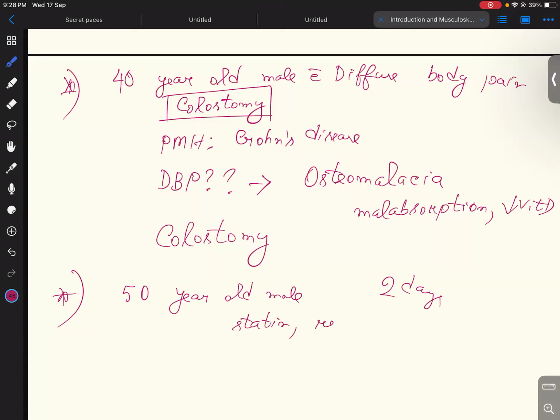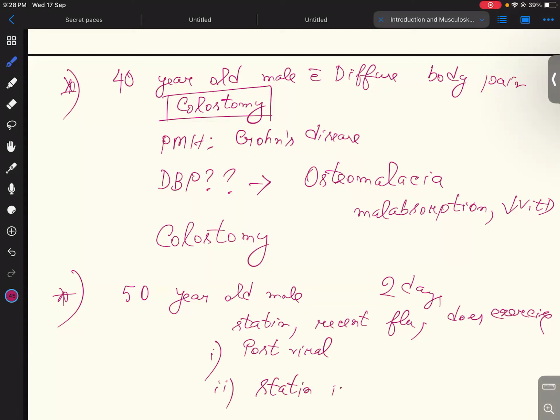He had a recent flu-like symptom, and he does exercise. So what is the cause of diffuse body pain in this patient? Post-viral myalgia. Wonderful. Anything else? Statin-induced myopathy. Yes.